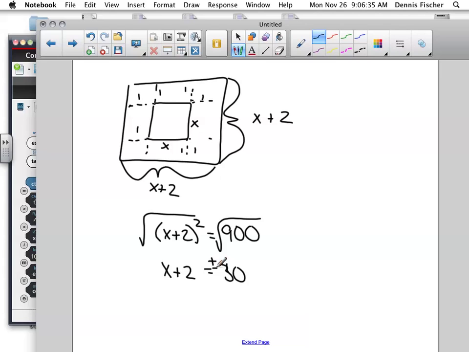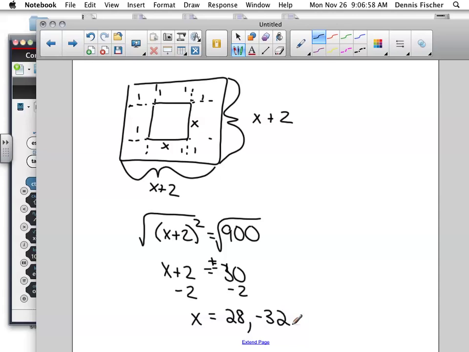There's two answers. Remember, plus and minus. Now what? Subtract 2, so x is equal to 30 minus 2, and negative 30 minus 2 is negative 32.